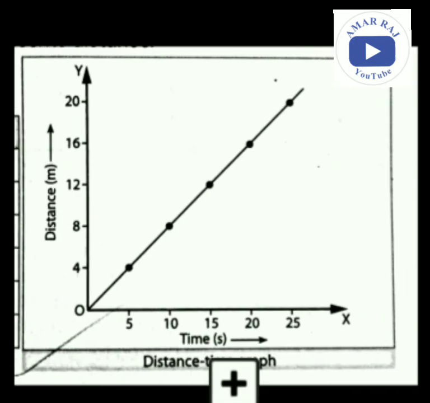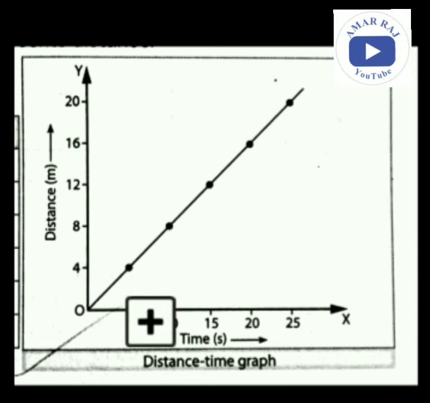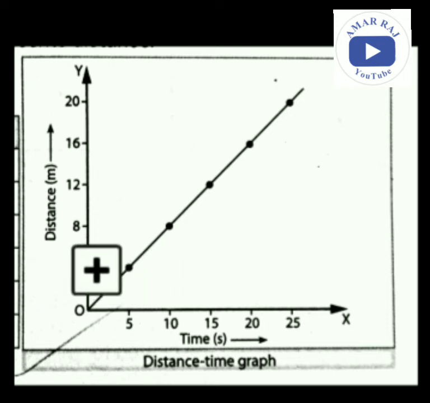But with the help of graph, you can see between 5 and 10 seconds, the object is between 4 meter to 8 meter. So exactly between 5 seconds and 10 seconds, the position of object or the distance traveled by the object would be 6 meter. You can see at this point, in front of this point, the scale shows 6 meter.